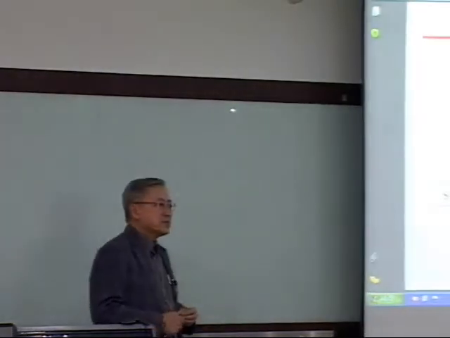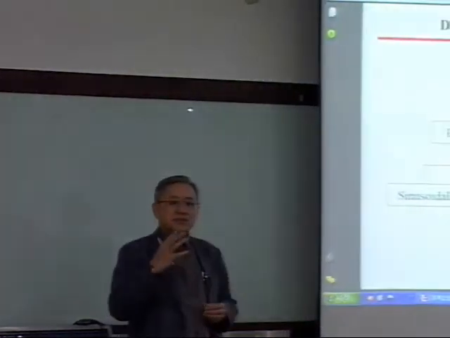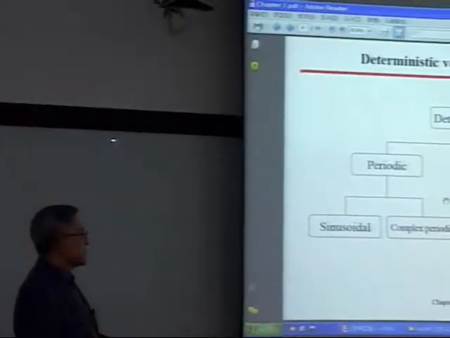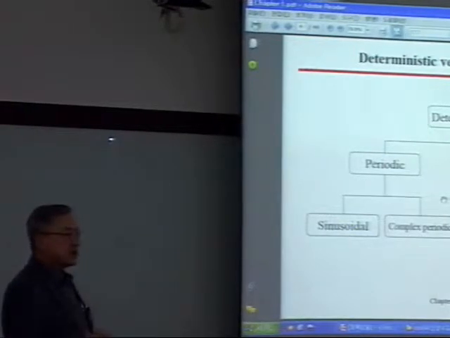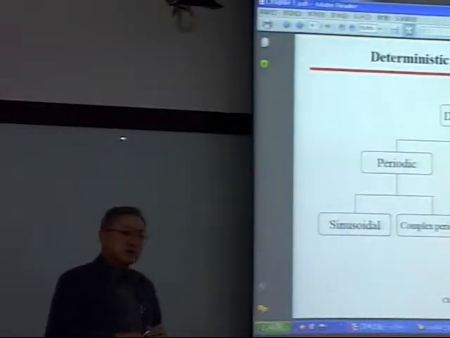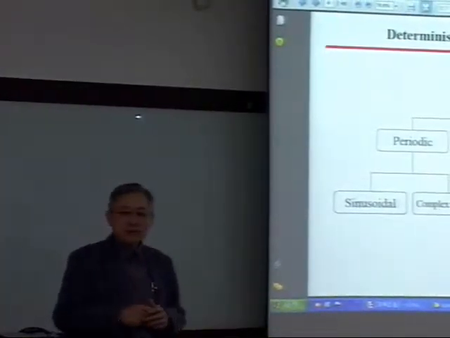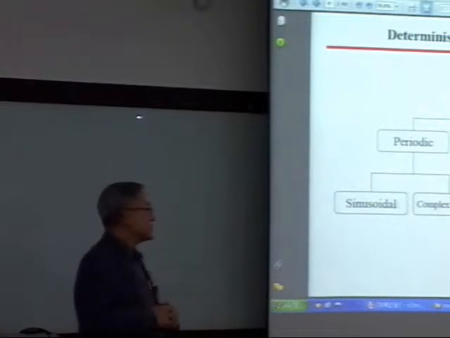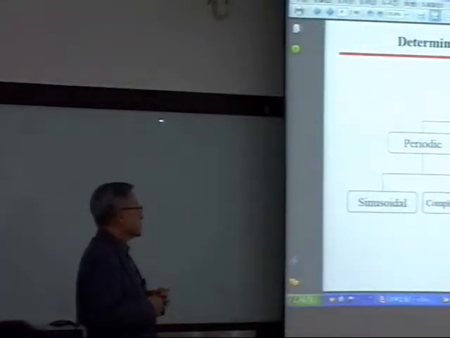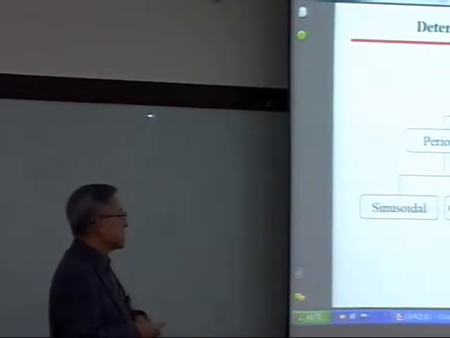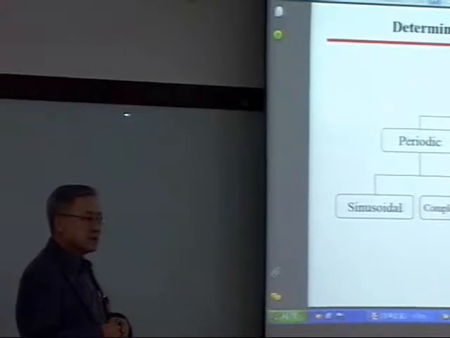Then I went through the deterministic process. If it's not random, then it belongs to this process: periodic and non-periodic. Next I explained the random process. Then I came back to the deterministic process, talked about the periodic, and the non-periodic and almost periodic.